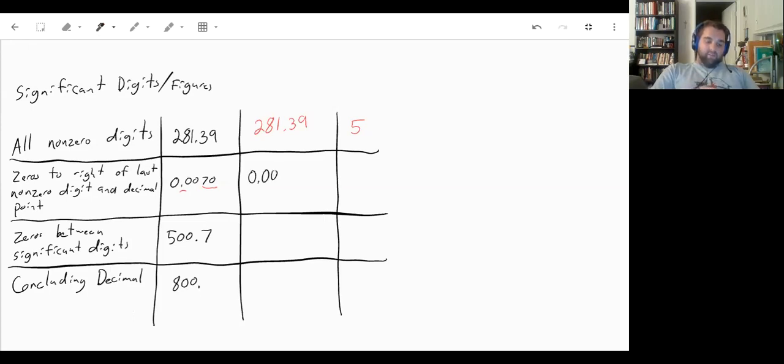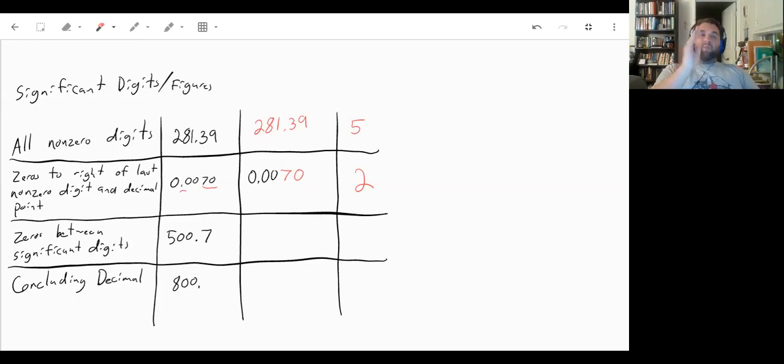But then our 7 comes in and is actually measurable and therefore is significant. And that 0 after the 7 is also significant. Because if you're looking at it on a ruler, we're not rounding to 7, it's not about 7, but we're saying, no, this is exactly on 7, and it's 0 micro anythings past that. It's just exactly there. So that's going to leave us with 2 significant digits there.